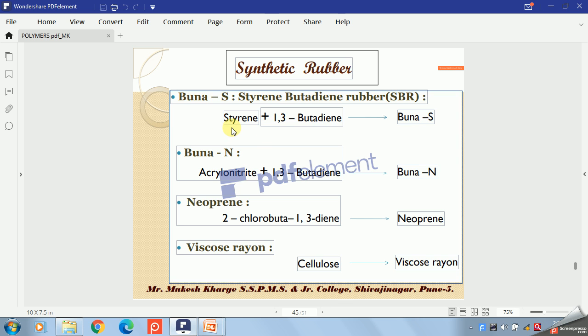So for preparation of Buna-S, styrene and 1,3-butadiene are the monomers. For preparation of Buna-N, acrylonitrile and 1,3-butadiene are the monomers. For preparation of neoprene, 2-chlorobuta-1,3-diene is used as a monomer. And for viscose rayon, cellulose is used as a monomer.